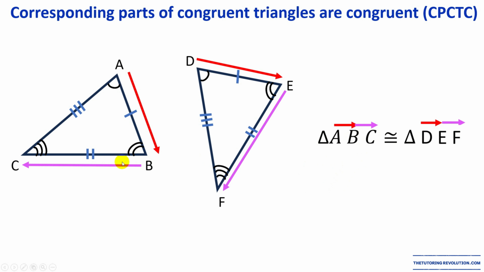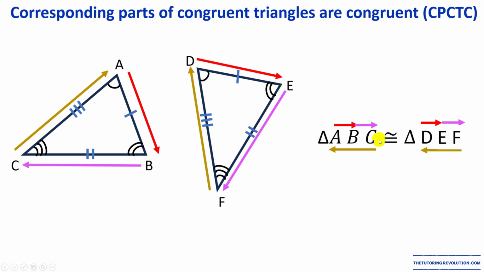You see, both these sides have two tick marks. They are congruent. Now, finally, if we label side CA, that has to be congruent to the side FD. Both of these sides have three tick marks. We know they are congruent.